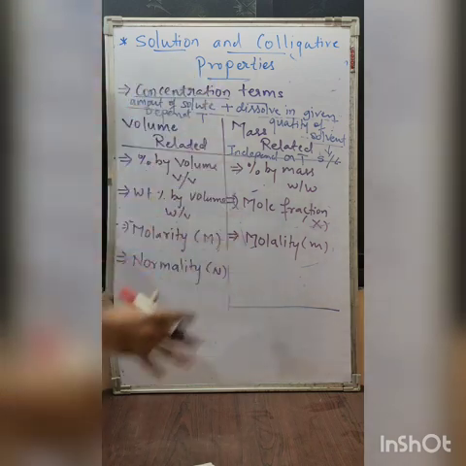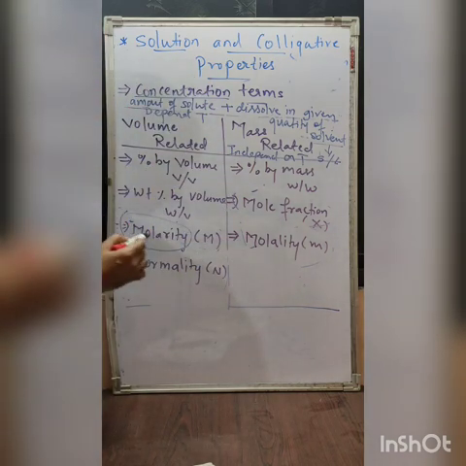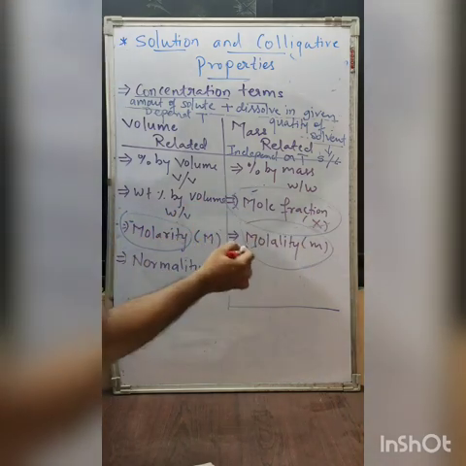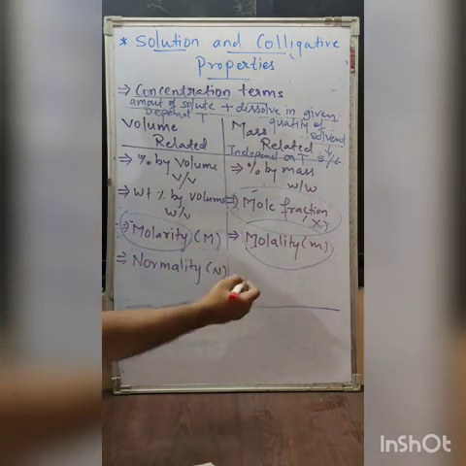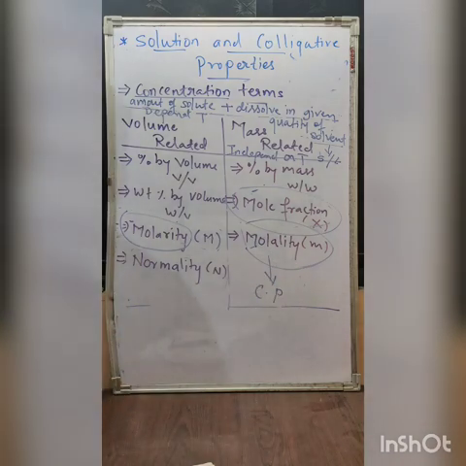But among these, the important ones are molarity, molality and mole fraction, because these three concentration terms are used in a very important part of the chapter, that is colligative properties.